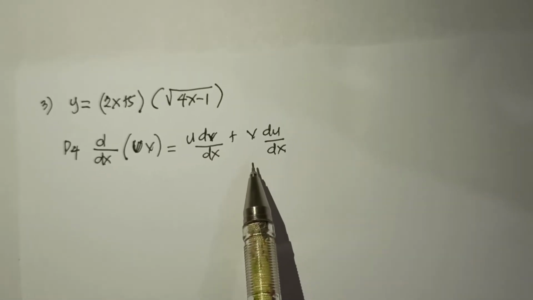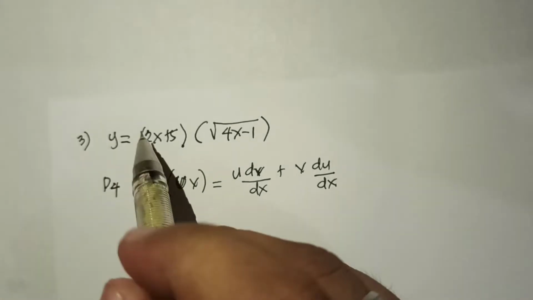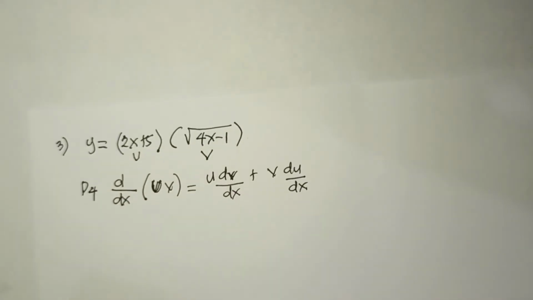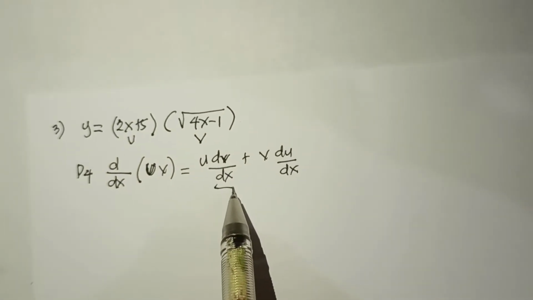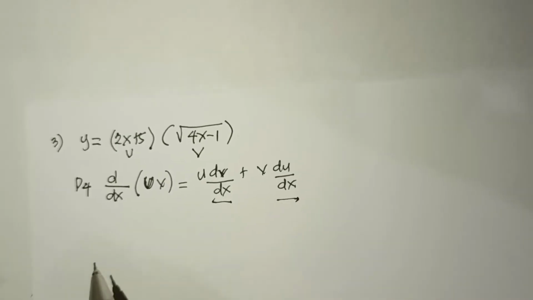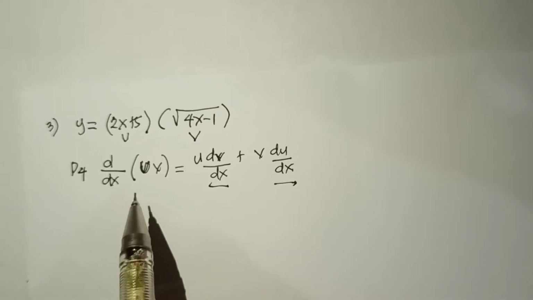First thing we need to do is assign. So this is our u and this is our v. Since we need the derivative of v and the derivative of u, which will be used later, let us first find the derivative of v and u.